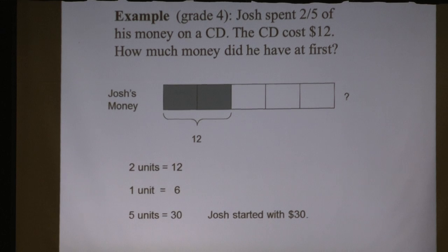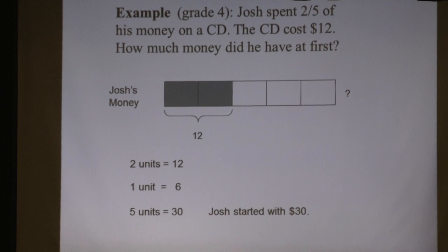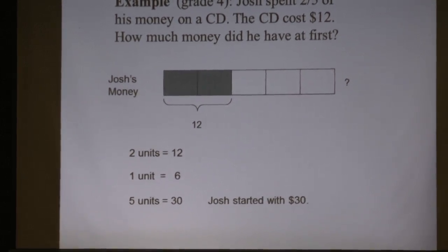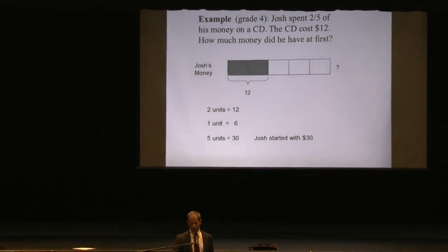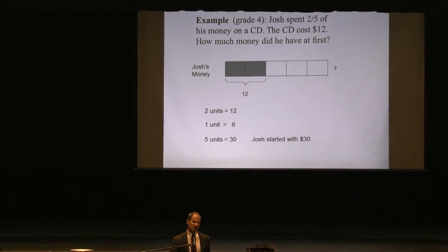Mostly because I know later, the more algebraic way of doing this is going to be 2/5 x equals 12. And I'm thinking ahead to how they're going to solve things that way, because eventually there are going to be problems that you can't solve with these bars, or the bars will slow you down. This essentially becomes a bridge to algebra.